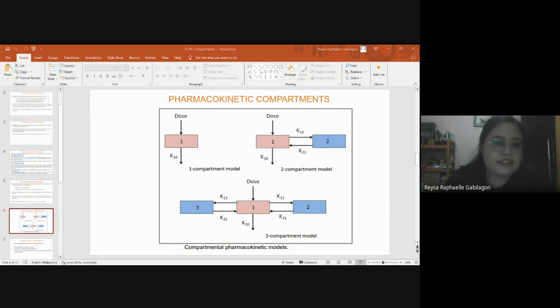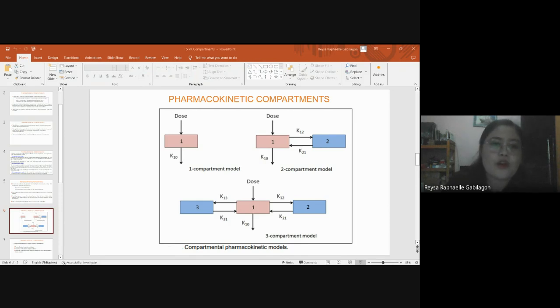So the solid line represents the serum concentration for a drug that follows one compartment pharmacokinetics. This one is for a drug administered IV bolus. Now, the dashed line is the serum concentration for a two-compartment model.